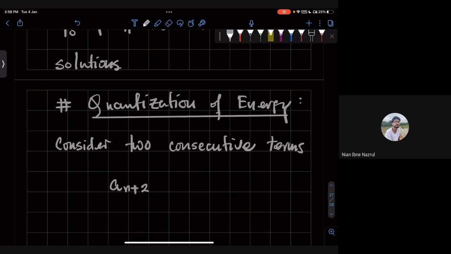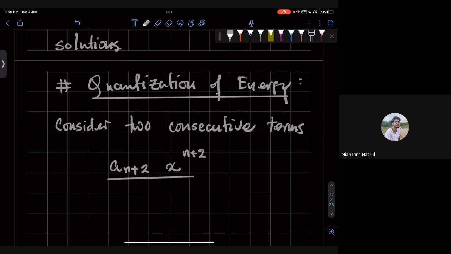So we are taking the ratio of two consecutive terms. So this is the n plus second term, and we take the ratio with an xn term.